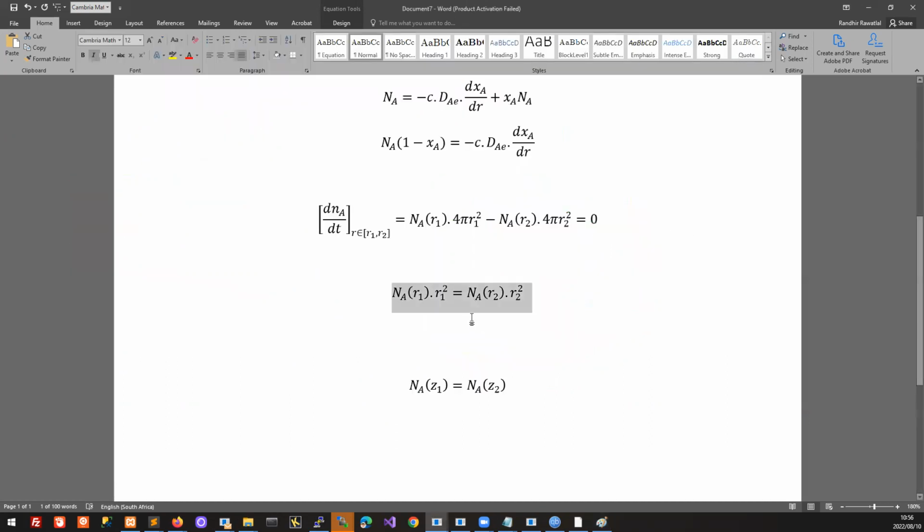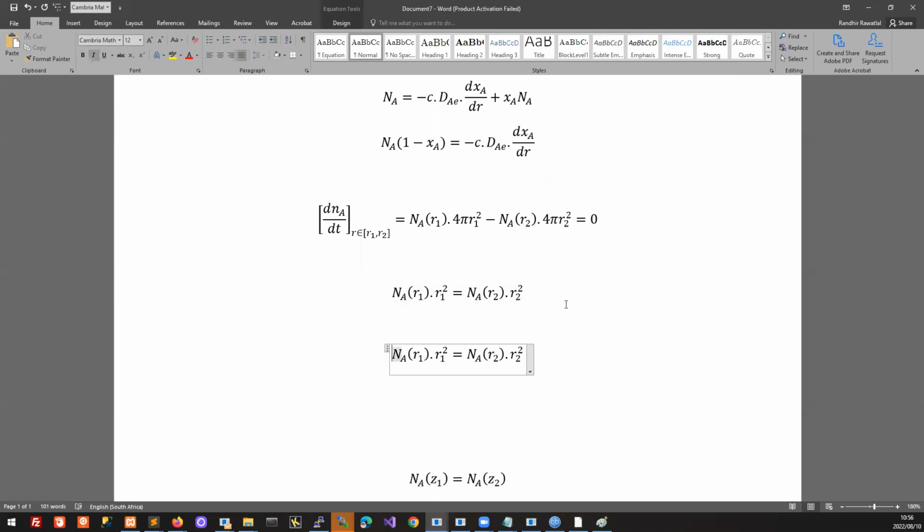And so we can say, generally speaking, that all these molar rates can be referenced to some radial position, let's just call it R0. We don't know what R0 is yet, but we'll define some position R0 where we happen to know the flux. So that is the molar rate at some radial position.